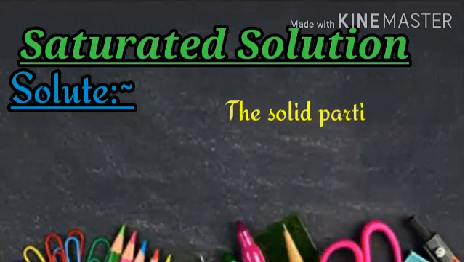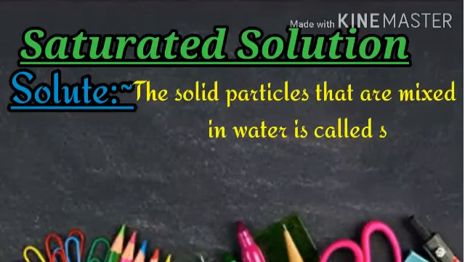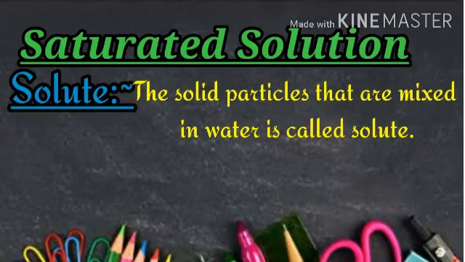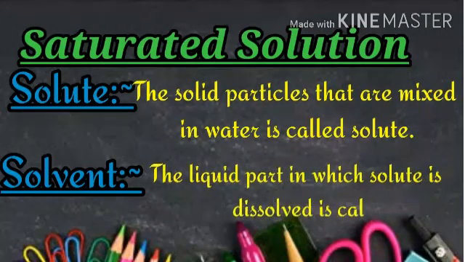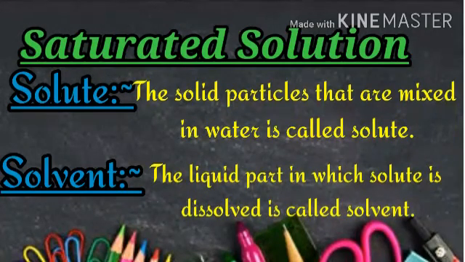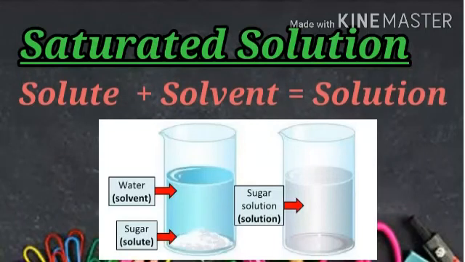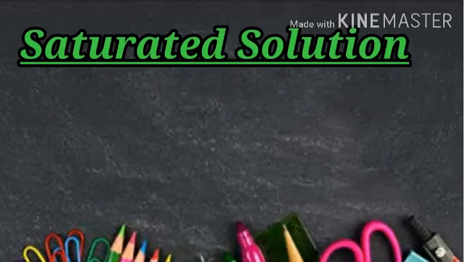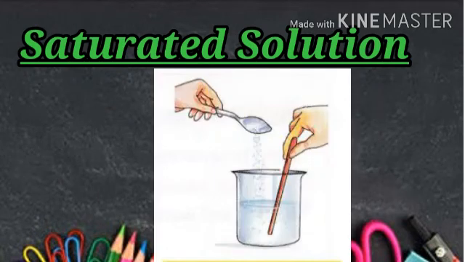So the solid particles that are mixed in water are called solute, and the liquid part is known as solvent. So you can say that solute and solvent together form a solution. Now, if I ask you to make a sugar solution with 1 glass of water at your home, what will you do?